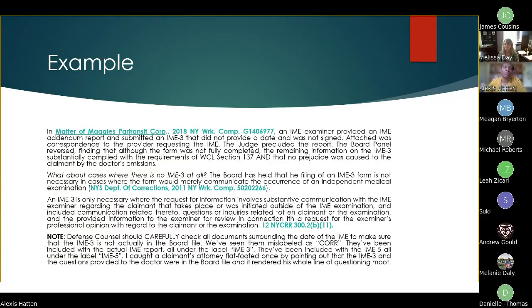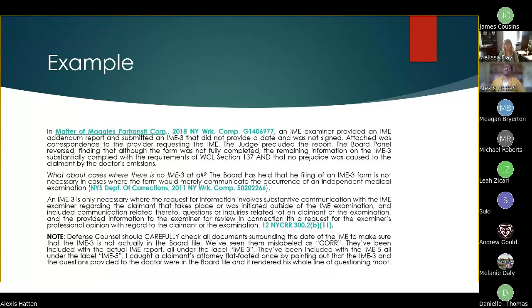But the board panel stated that the form substantially complied. So what you're looking for is substantial compliance with 137, and that no prejudice was caused to the claimant by the doctor's omissions. That's important because we frequently see IME3s that may be missing a date here or there, or a signature. And this case indicates that there was no prejudice caused to the claimant, and the IME3 otherwise complied.